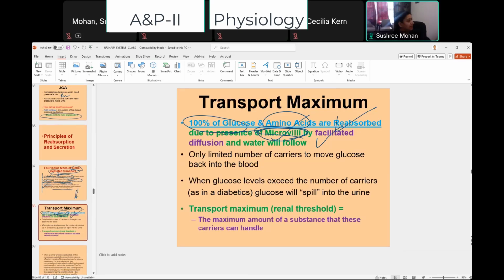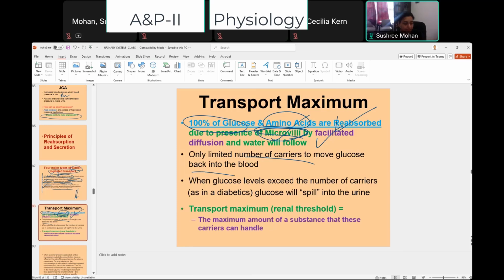There is only a limited number of carriers to move glucose back into the blood. So if you take too much of a glucose and sugar diet, you have very few protein transporters that can rescue the glucose back into the body. Because if you're taking too much glucose, that might spill over into the urine because that threshold is met.